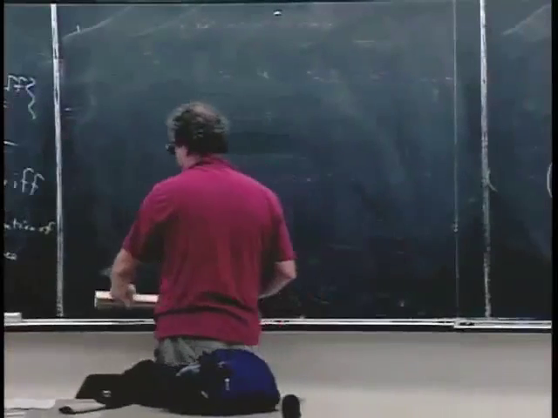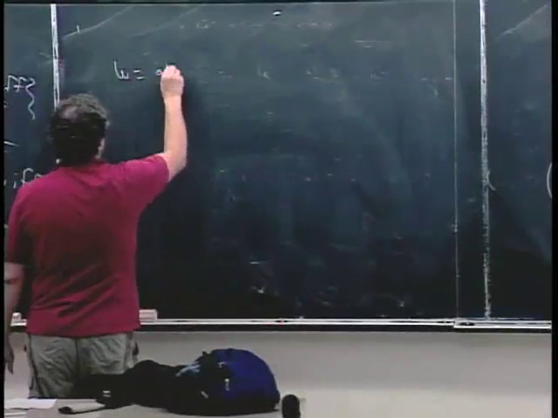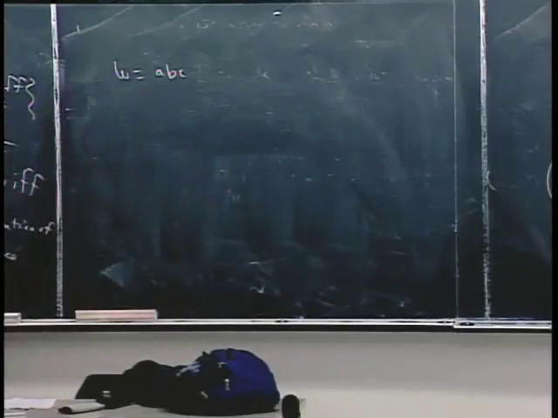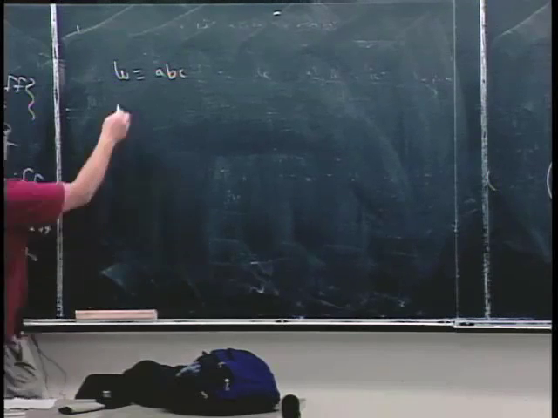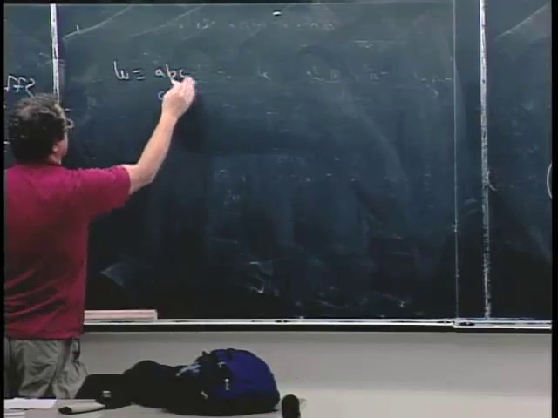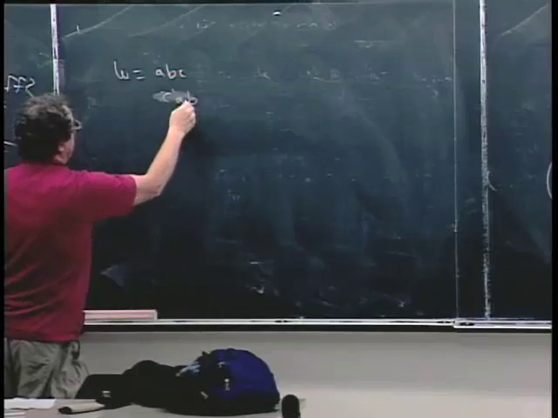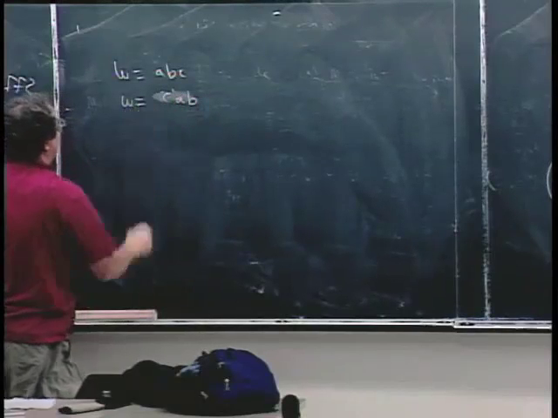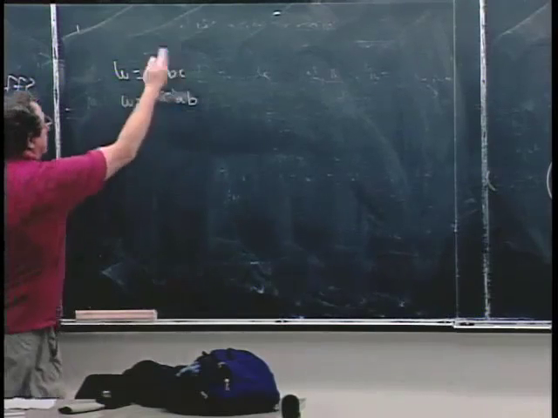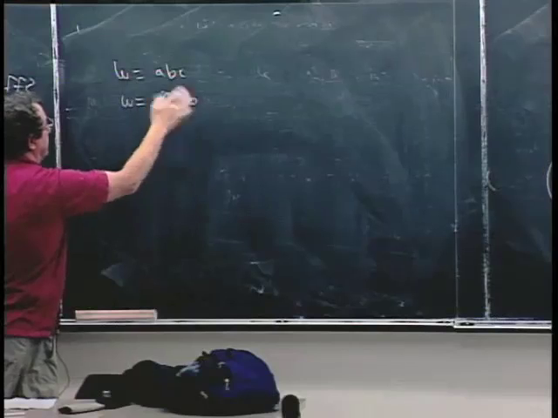So maybe W is ABC. A circular rotation, let's say to the right, of W by one place to the right, is CAB, sorry, CAB. Okay, so we just circularly rotated, and you have CAB.